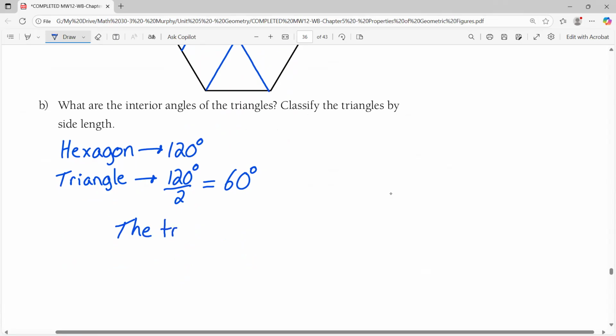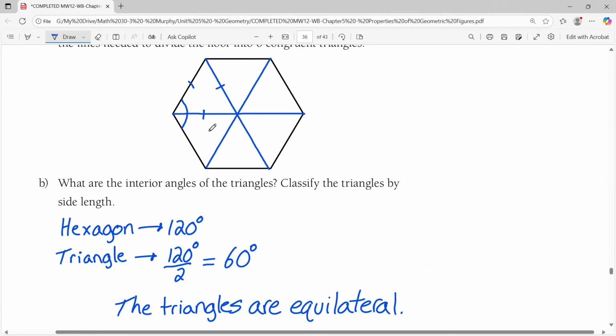The triangles are equilateral. But I just wanted to show you in case you wanted to solve it like that. But as long as you explain, if you were to say 60 degrees because the triangle is an equilateral triangle, then that would be a fair explanation.